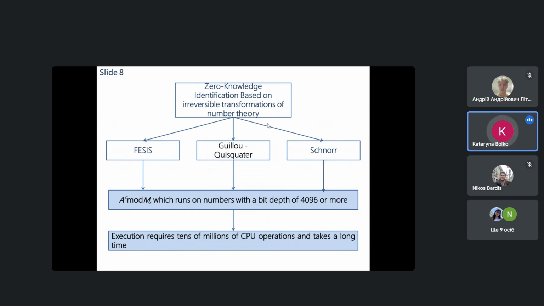The most well-known methods of strict identification based on number theory include the widely known Fiat-Shamir, Guillou-Quisquater, and Schnorr methods. All these methods are based on modular exponentiation of long numbers. This operation requires tens of millions of processor operations, so we can say that these methods are very slow.